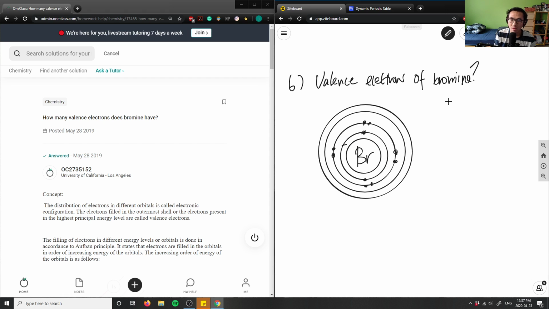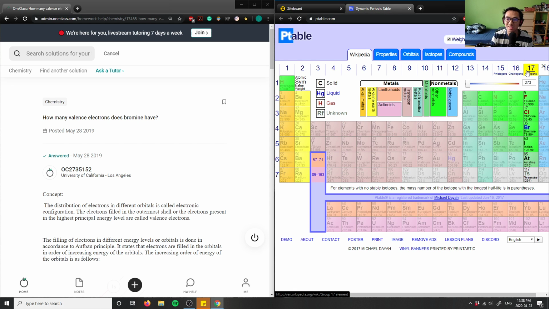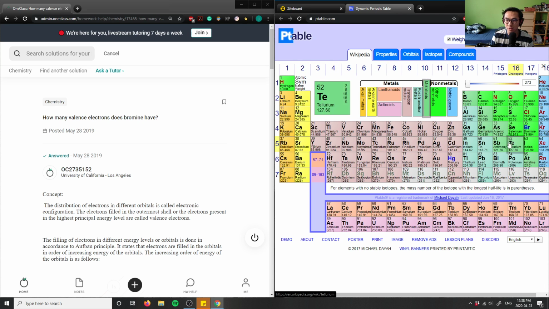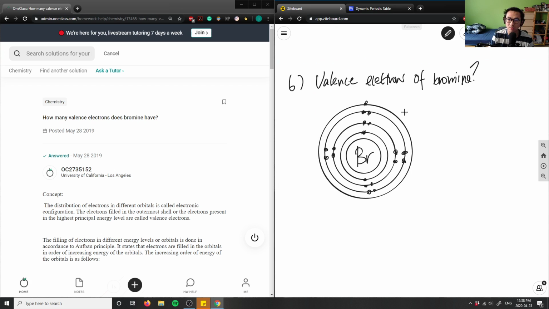The next shell has, again, a full shell, 1, 2, 3, 4, 5, 6, 7, and 8. And then finally, our last shell has, if we're in group 17, 7 valence electrons here, right? So again, 1, 2, and then 3, 4, 5, 6, 7 here.